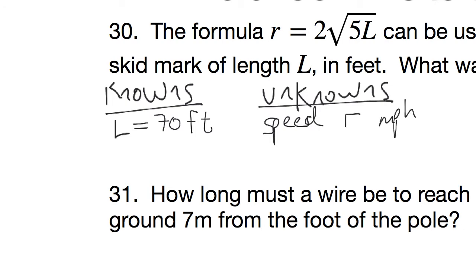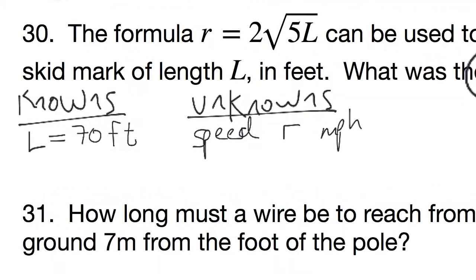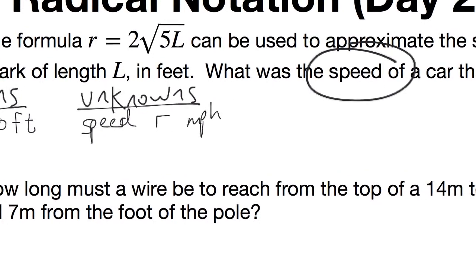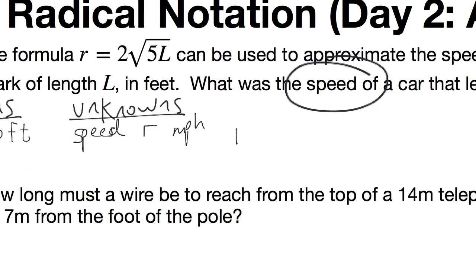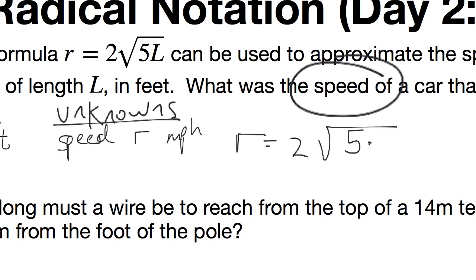If you can just keep track of what you know and what you don't know, that will make things so much easier for you when you're doing word problems. When we've got a formula, it goes like this. R is equal to 2 times the square root of 5L, and L is 70 feet, so 5 times 70.